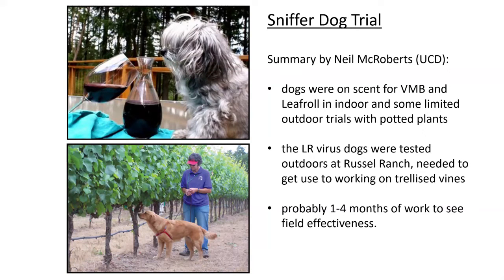They were taken into Russell Ranch, where they know there's leafroll. The leafroll virus dogs tested were a little bit confused in the trellised vineyard system, but they're going to work on that this year. And they're about 1 to 4 months out to start to get some field effectiveness tested.